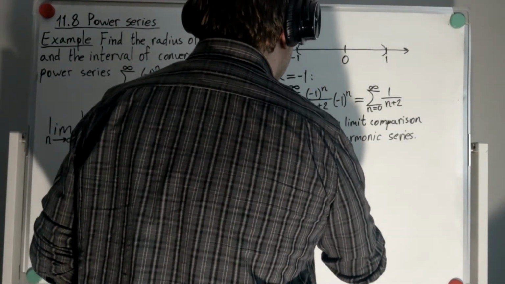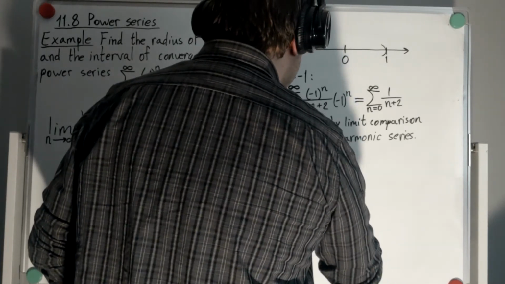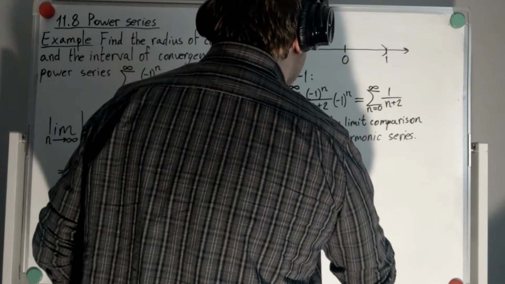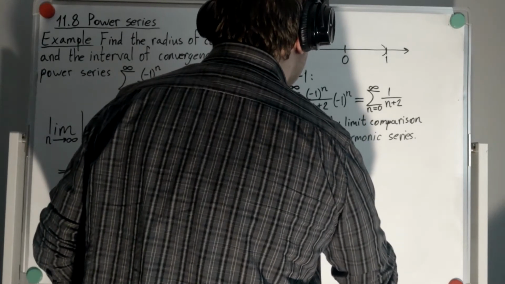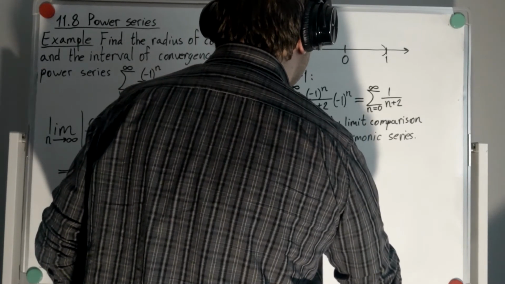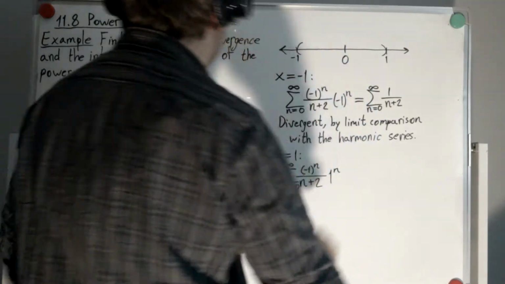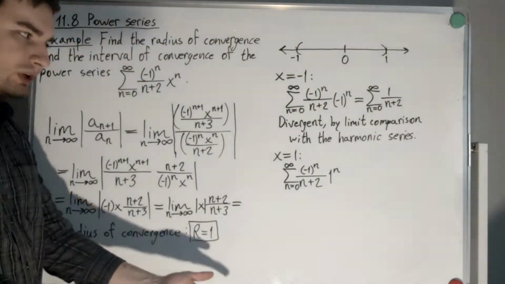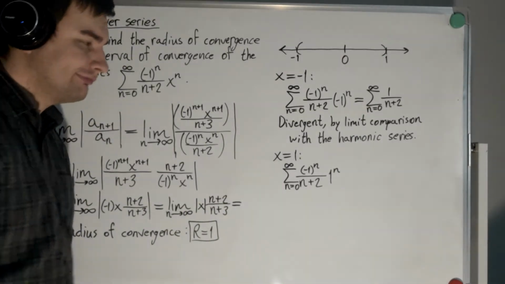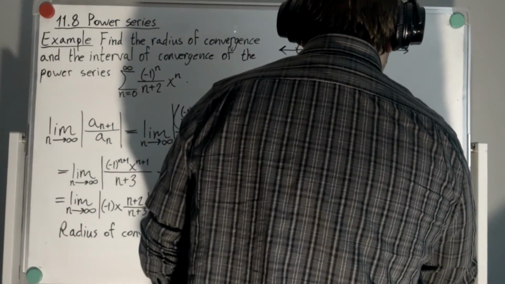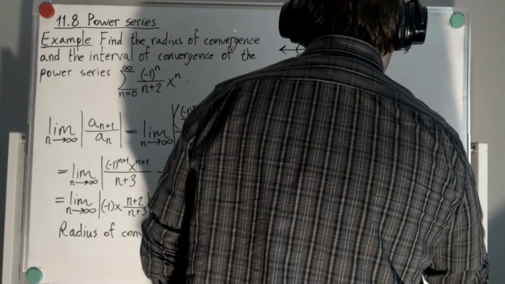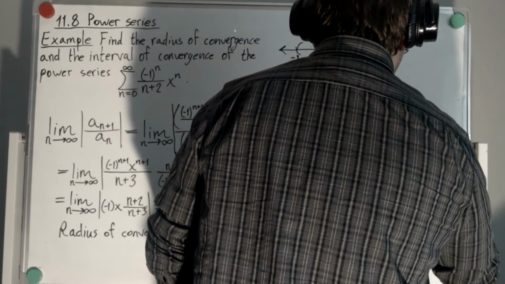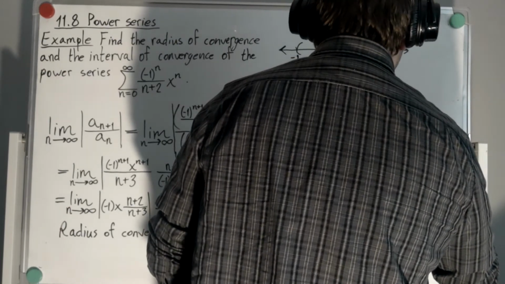When x equals 1, this looks like the sum from n equals 0 to infinity of -1 to the n divided by n plus 2 times 1 to the n. Now, of course, 1 to the n is 1. So then this becomes just the sum from n equals 0 to infinity of -1 to the n divided by n plus 2.